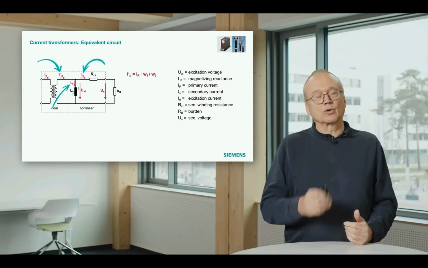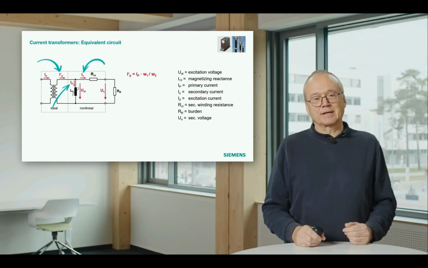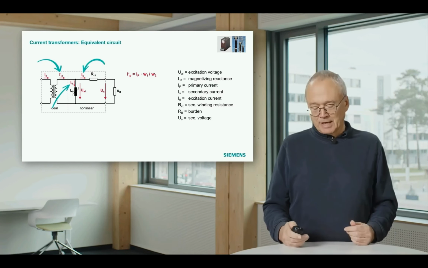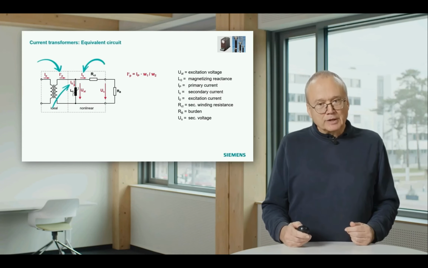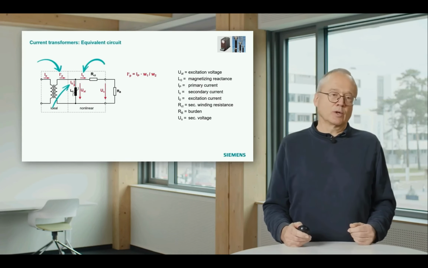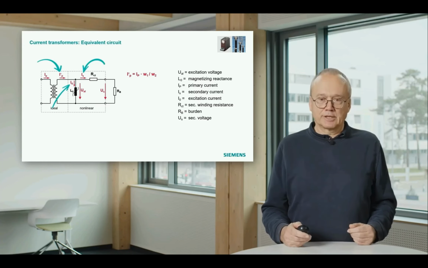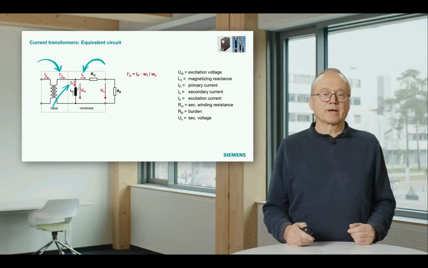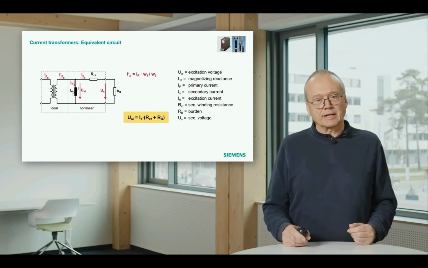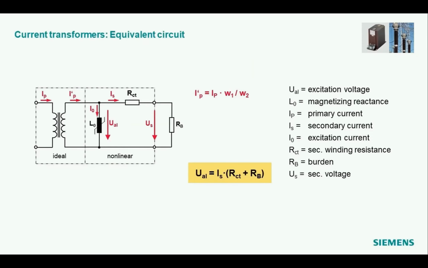That means we have to look a little bit into this magnetizing reactance if we talk about measurement errors and saturation. An important quantity we need is the voltage across this magnetizing reactance. And this voltage can easily be calculated by this formula.